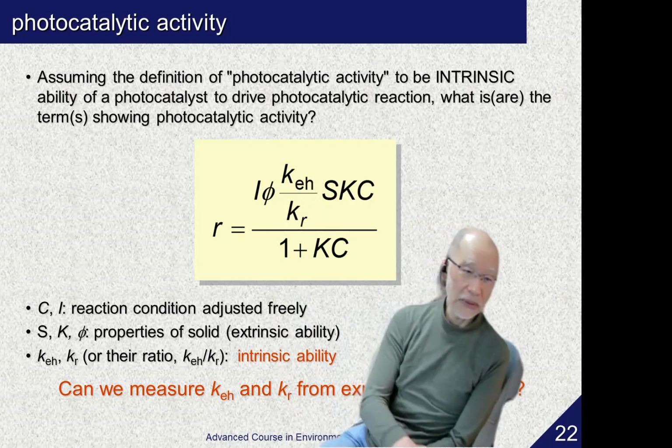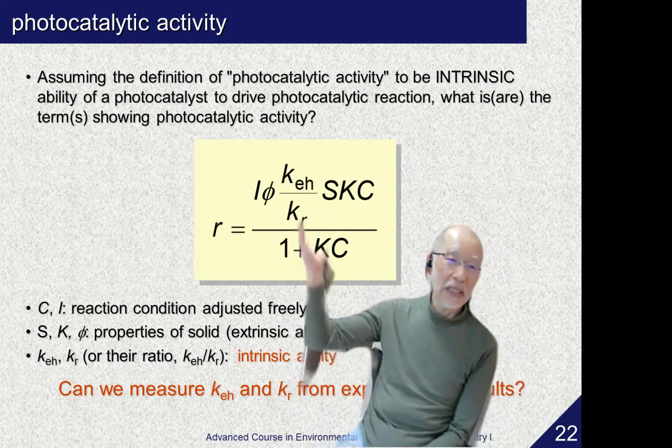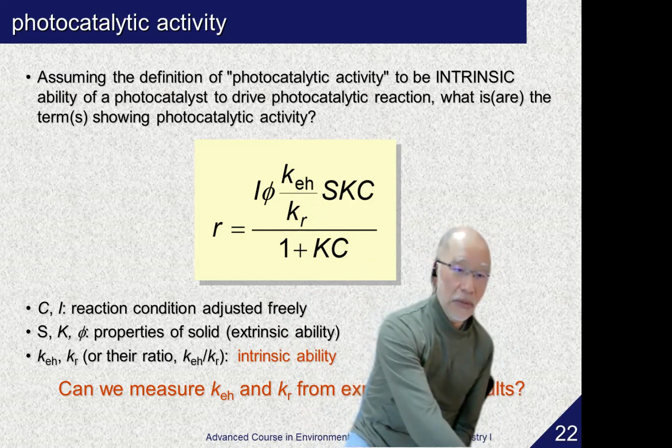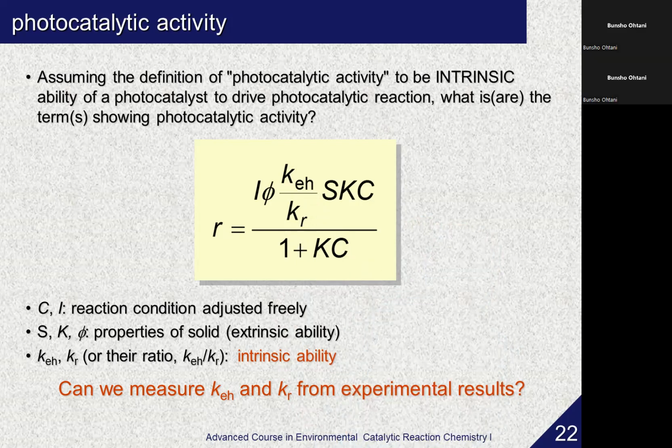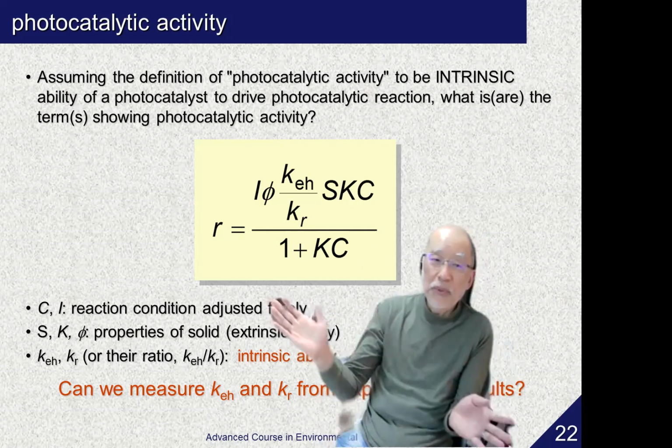And the important point is, can we measure k_EH and k_R from experimental results or not? You need to answer this question. That is no. Every time, k_EH over k_R appears in this form, so it is impossible to divide.